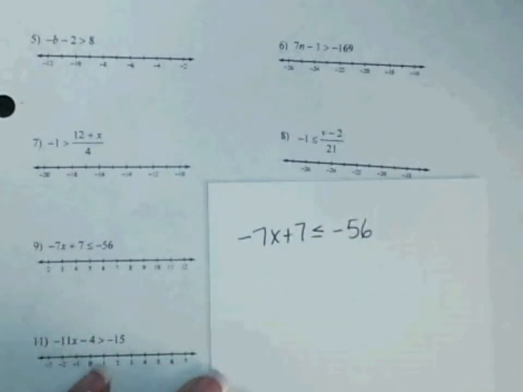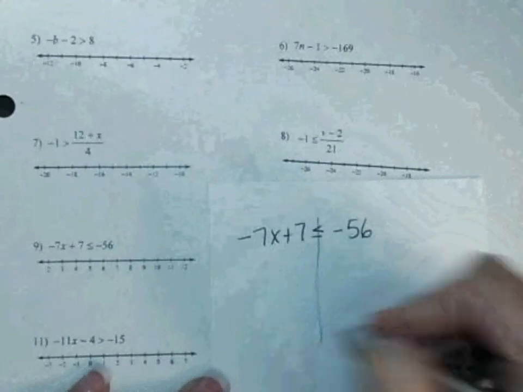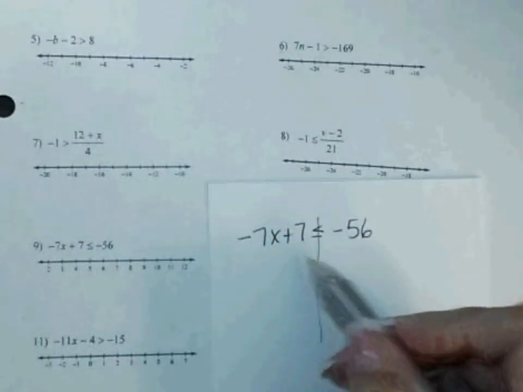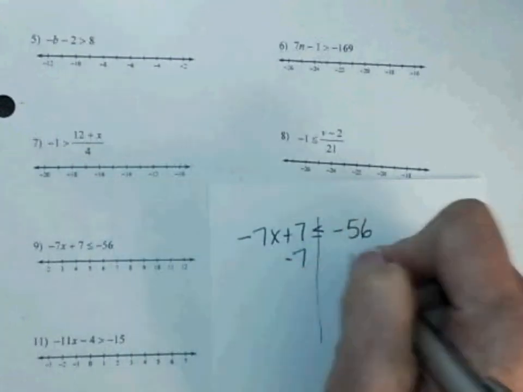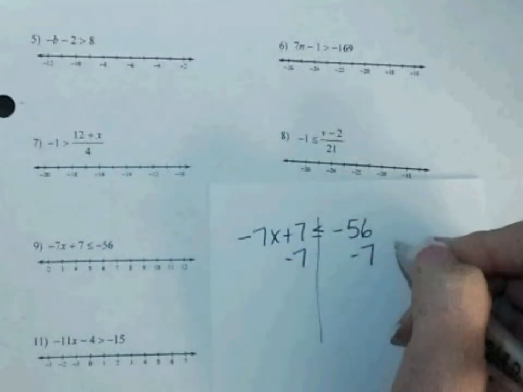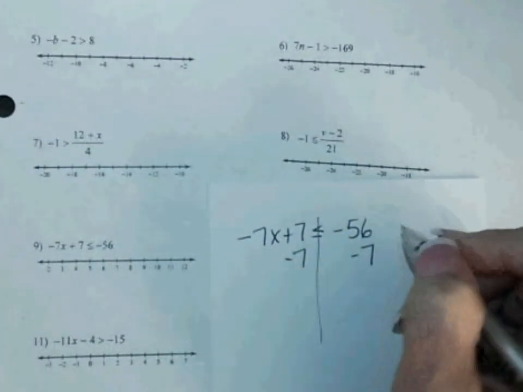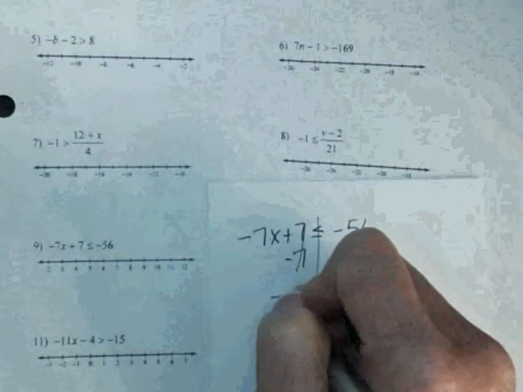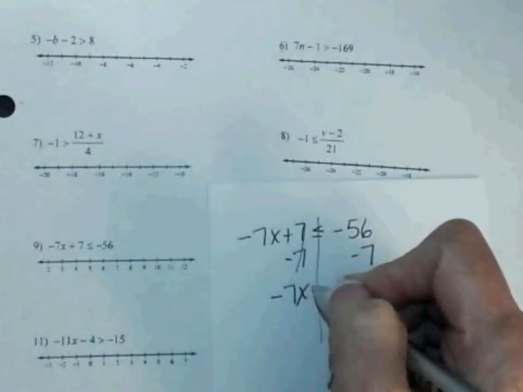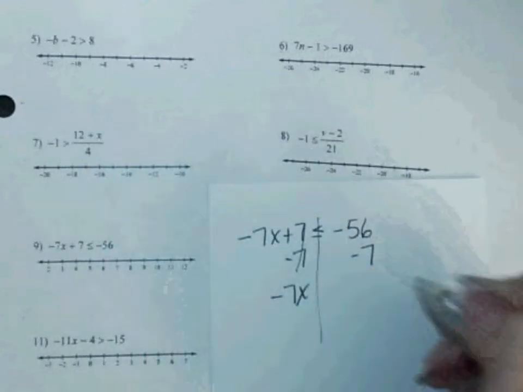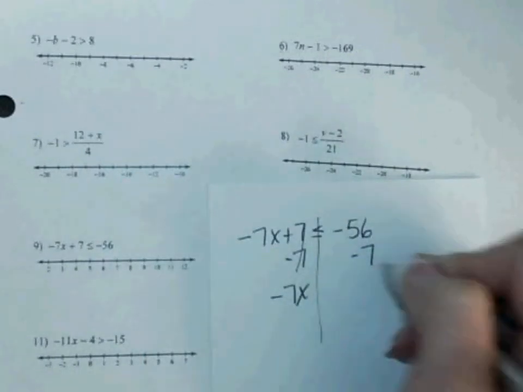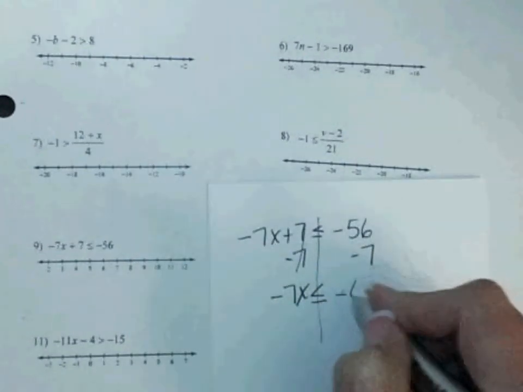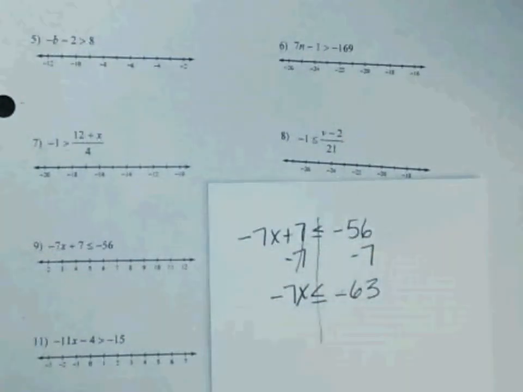I want to isolate my variables, so I'm going to get rid of this constant. The zero pair for positive 7 is negative 7, so I'm going to subtract on both sides. This zeroes out. I have negative 7x left. Negative 56 plus negative 7 is negative 63.